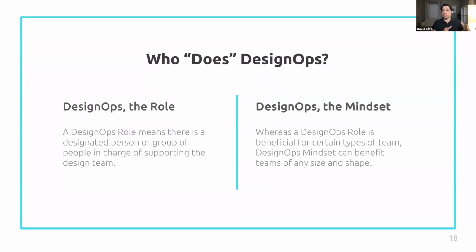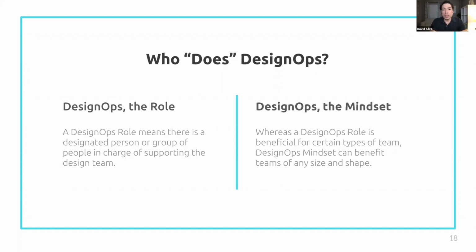Whereas the design ops role is beneficial for certain types of teams, like I was saying, the large teams or the cross-disciplinary teams, the mindset of design ops can be used by any team and can benefit anyone. A team that embraces the design ops mentality understands and sees the necessity for a process, for some methods in place, and even tools that support everybody and allow the design team to scale efficiently, like having a project management tool to manage your deliverables and your pipeline.